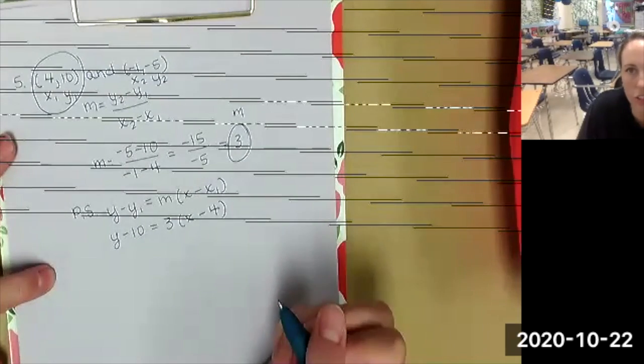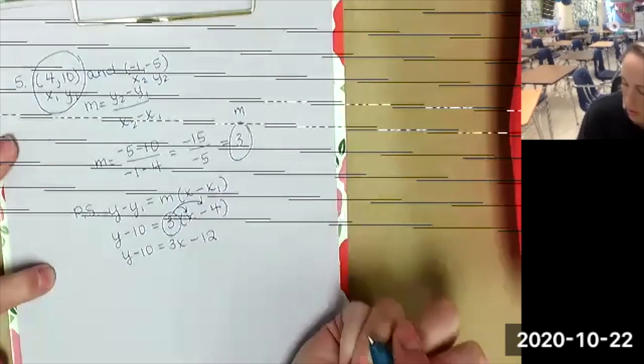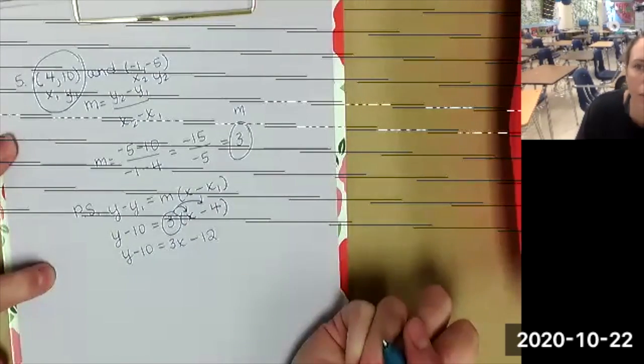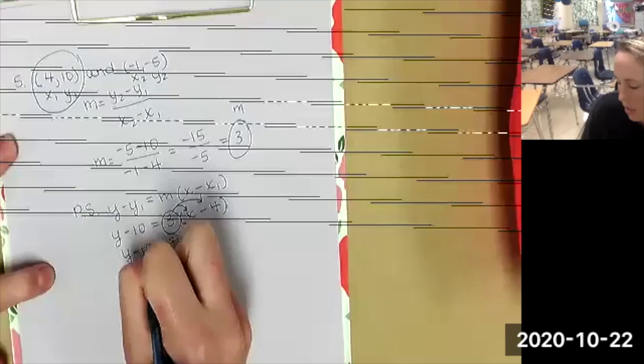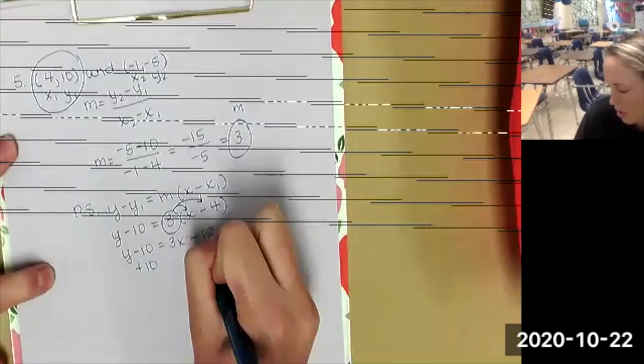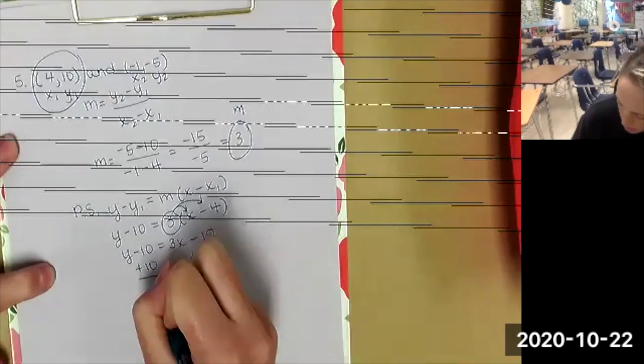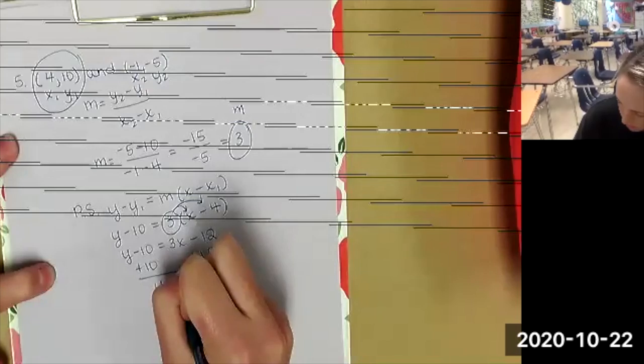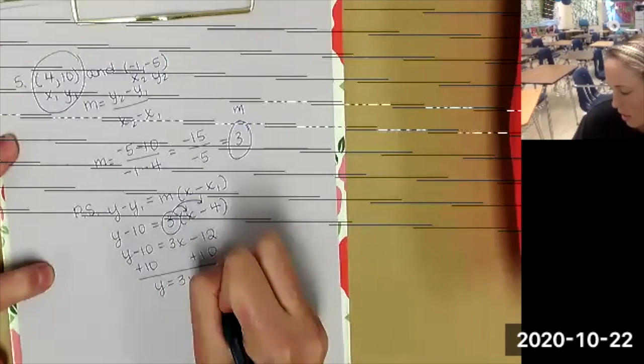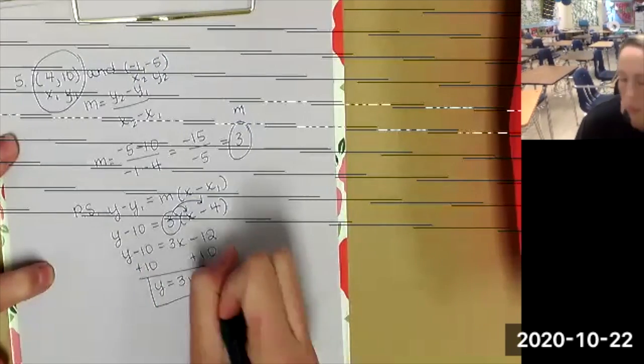We don't have to change any minus negatives, so we're going to distribute our 3. That gives us y minus 10 equals 3x minus 12. And then we need to get y by itself, so we add 10 to both sides. And now you know how to use point slope form.